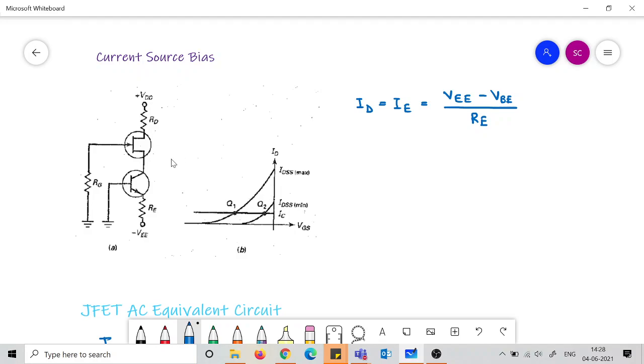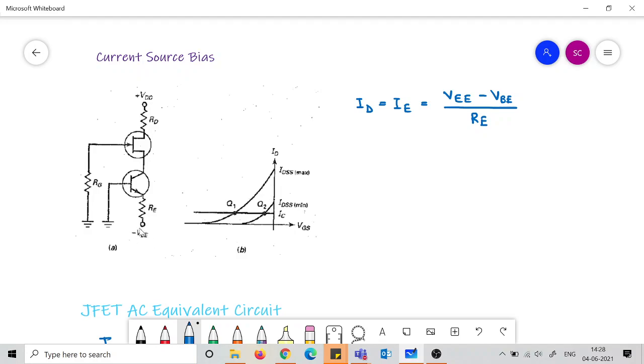Here what is happening is, at the source side you are connecting a BJT. So the current in this resistance RE, which is the emitter current, is simply governed by the voltage VBE and VEE.